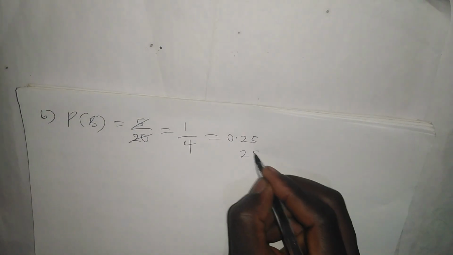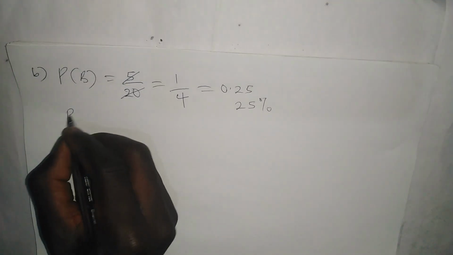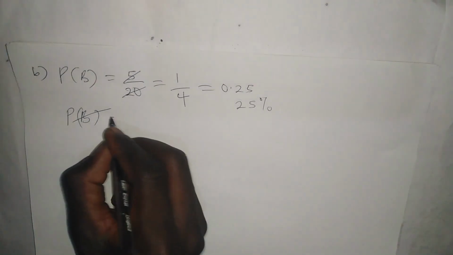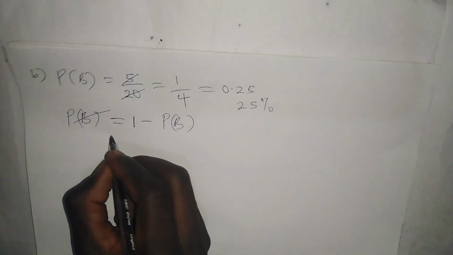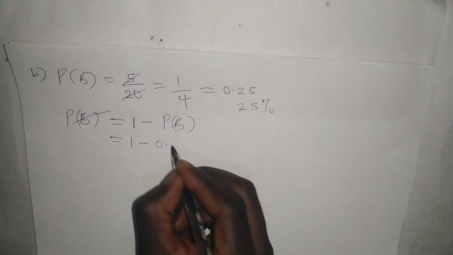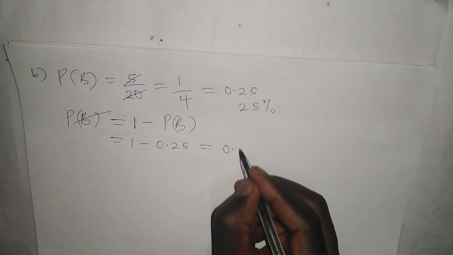Multiplying this by 100, we have a 25% chance of selecting a blue marble. So the probability of not selecting a blue marble is equal to 1 minus the probability of selecting a blue marble. And this is going to be 1 minus 0.25, which is equal to 0.75.